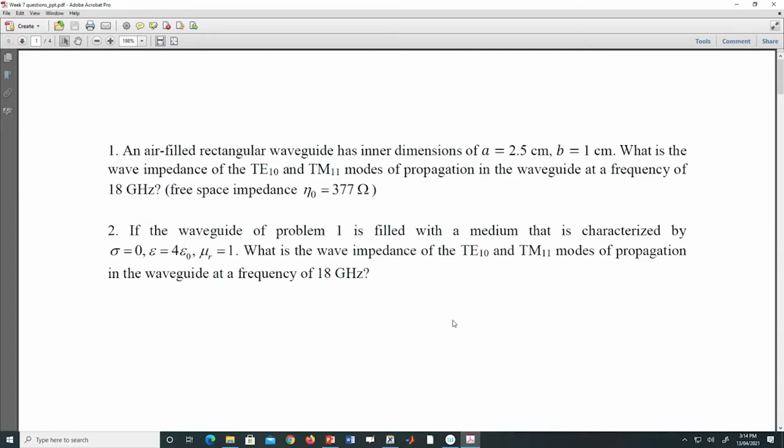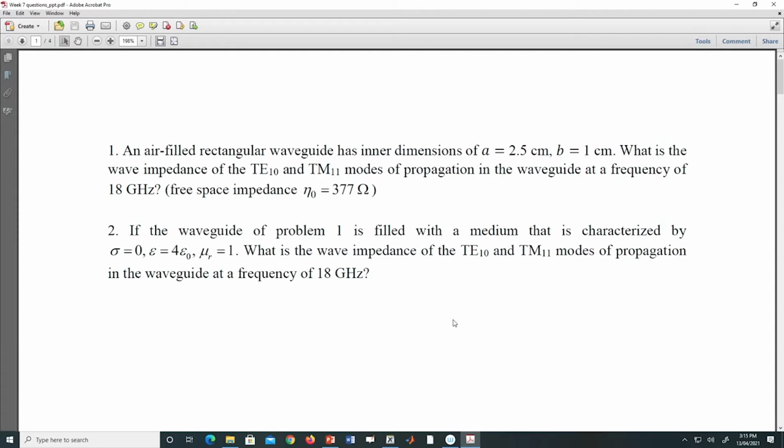So, what is the new wave impedance of the TE10 and TM11 modes of propagation in the waveguide at the same frequency of 18 gigahertz? So, the problem is the same, just the waveguide is filled with relative permittivity 4.